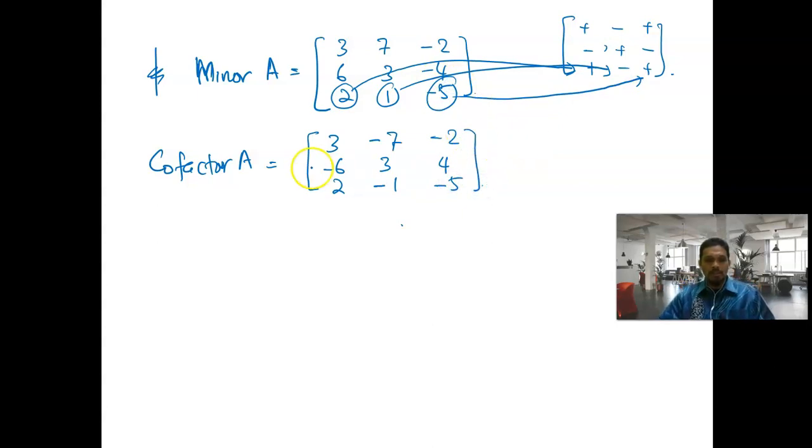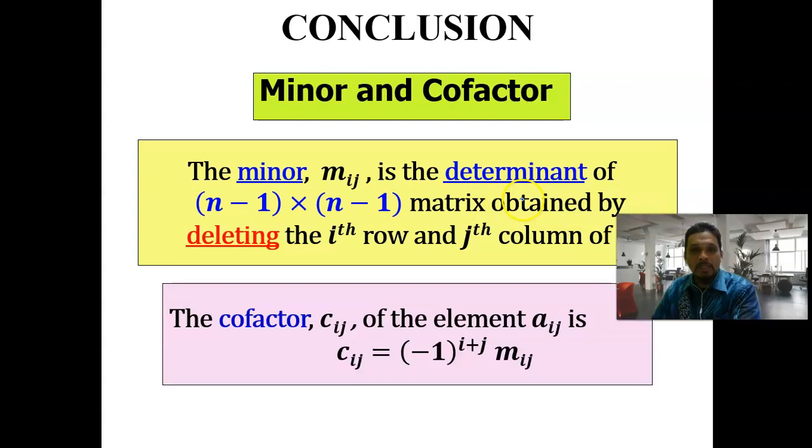So this is the cofactor of A: 3, negative 7, negative 2, negative 6, 3, 4, 2, negative 1, negative 5. Okay, so this is the conclusion of the minor and cofactor.